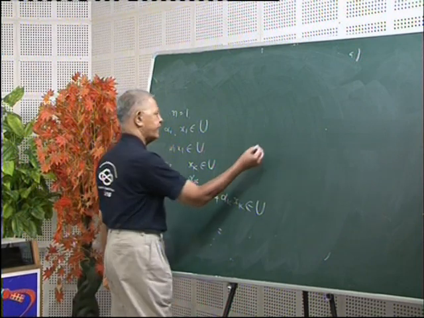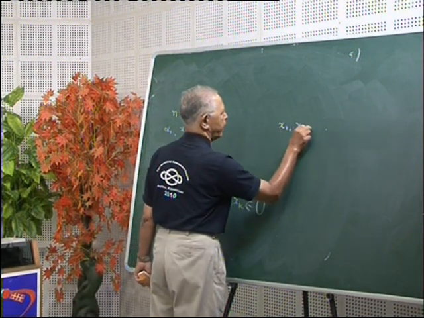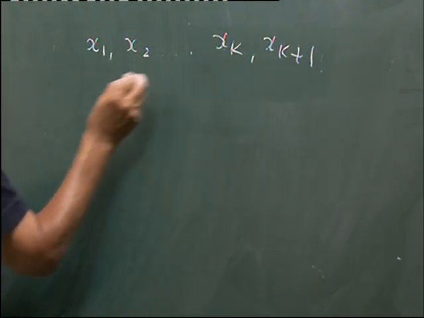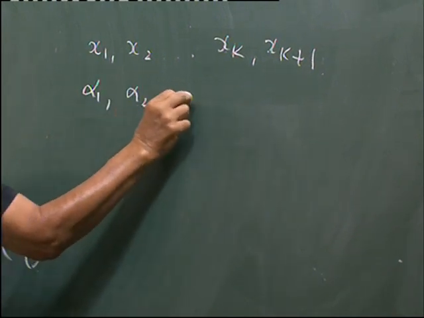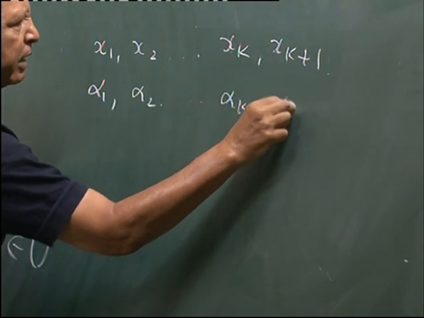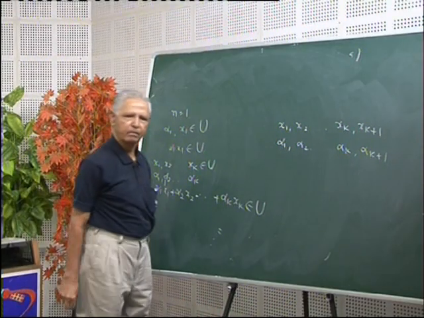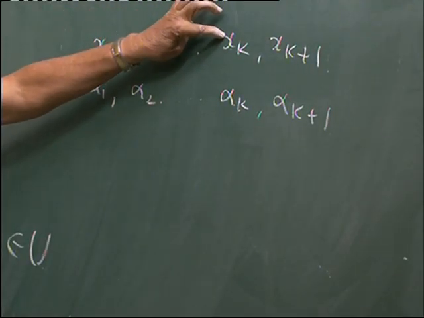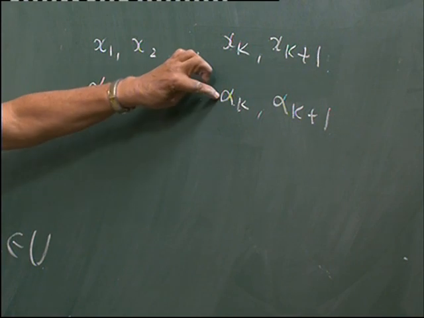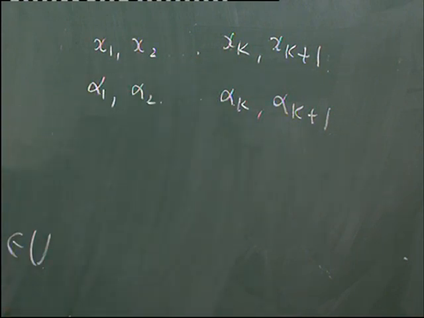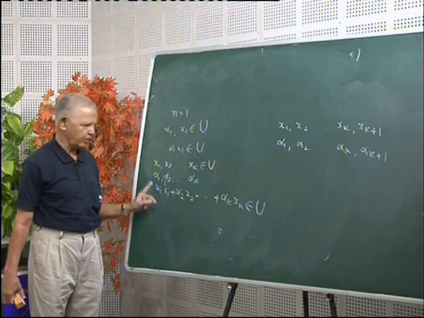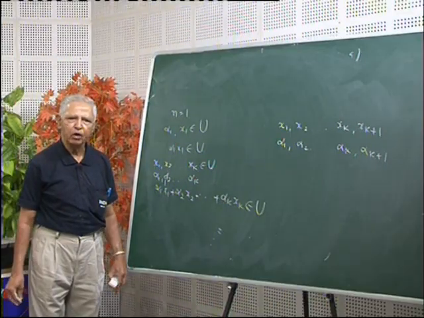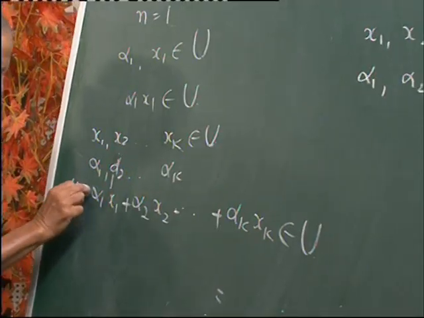Now, suppose we have k plus 1 vectors x1, x2, ..., xk, xk plus 1 and scalars alpha 1, alpha 2, ..., alpha k and alpha k plus 1. Now, we know that whenever x1, x2, ..., xk belong to U and scalars alpha 1, alpha 2, ..., alpha k are given, then the vector alpha 1 x1 plus alpha 2 x2 plus ... plus alpha k xk is also an element of U. We call this vector y.